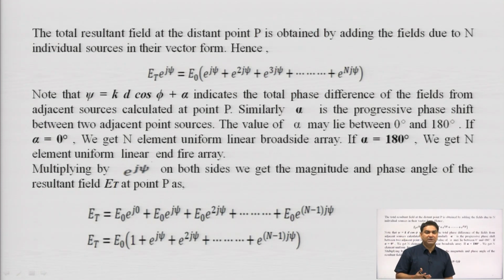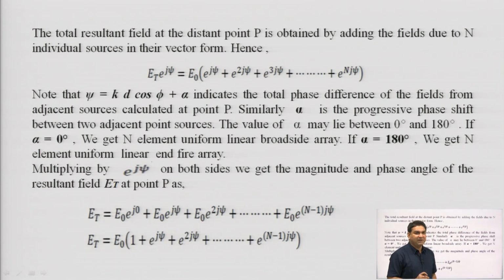By using the resultant field strength formula, we calculate ET. ET means the total field strength at the distant point P due to the point sources 1, 2, 3, 4, 5 up to number n.